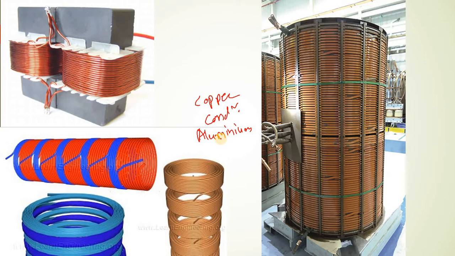When we use aluminum, the losses in the transformer increase, but at the same time the manufacturing cost is reduced. So as per the demand of the consumer, we have to manufacture the transformer with a copper conductor or an aluminum conductor.